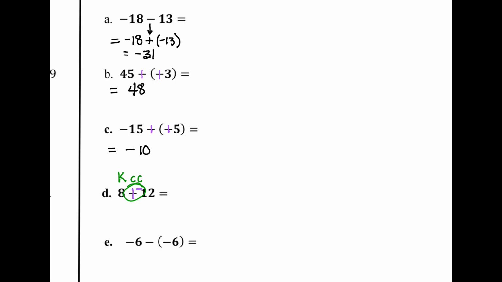Don't forget that. So now 8 add negative 12 should be negative 4. Yep. Keep the negative 6, change to subtract, change the negative 6 to a positive 6. A negative 6 plus its opposite is 0. Yep.